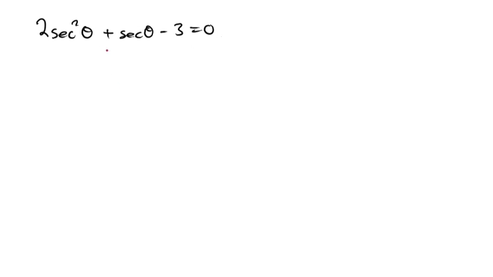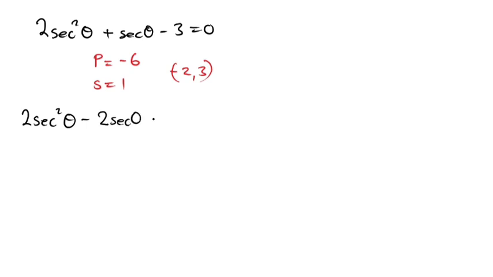So let's use the factorization method. The product is negative 6 and the sum is 1. Those two numbers are negative 2 and 3. So meaning that I'll write this equation as 2 sec square minus 2 sec plus 3 sec minus 3.